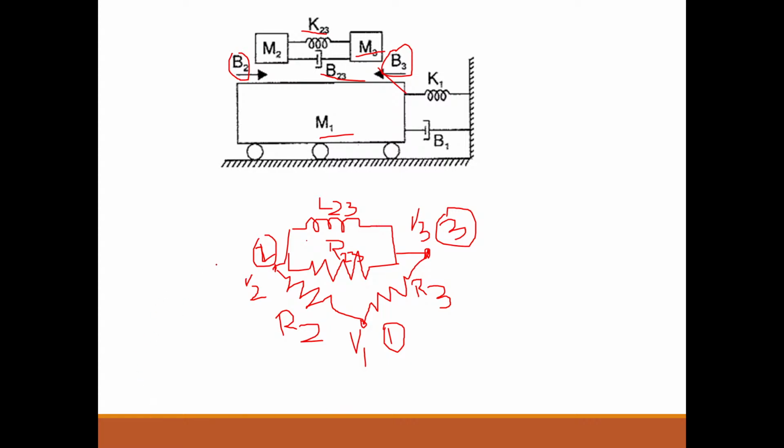Okay, now what are all the elements restricted to each node? At node M2, what is there? Only M2 is there, the opposing force due to M2. M2 means capacitor. So draw a capacitor at node M2.